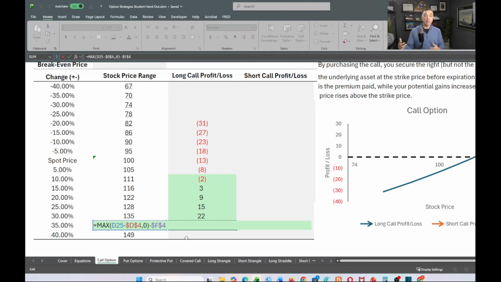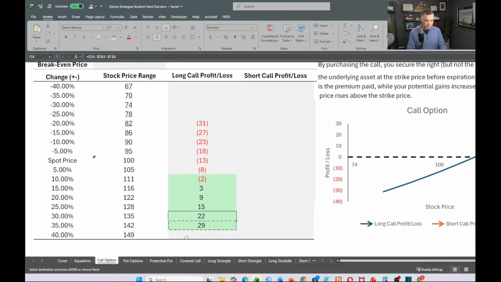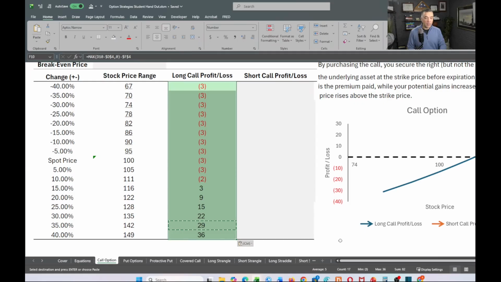If we make a profit, it's going to take the higher value, a positive, or 0. So a max function will work. I'm going to copy that and hit Alt ESF.